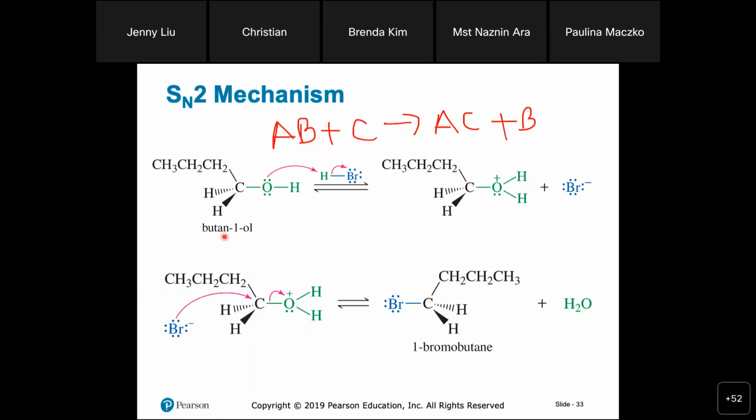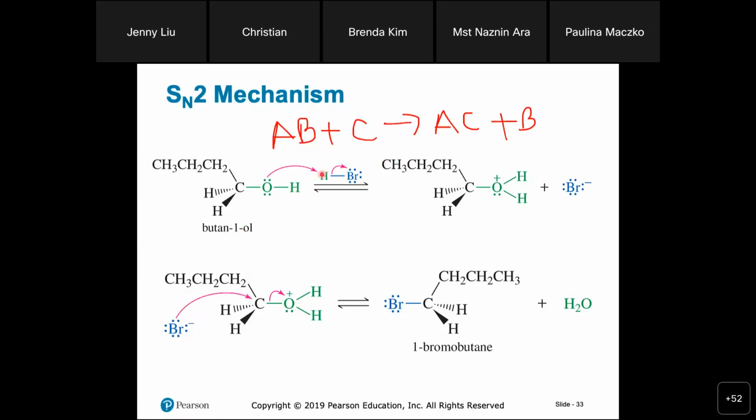So in the substitution 2 mechanism, we can see that the nucleophile directly attacks the substrate with the leaving group. That means here you don't need to prepare a good leaving group by protonation.